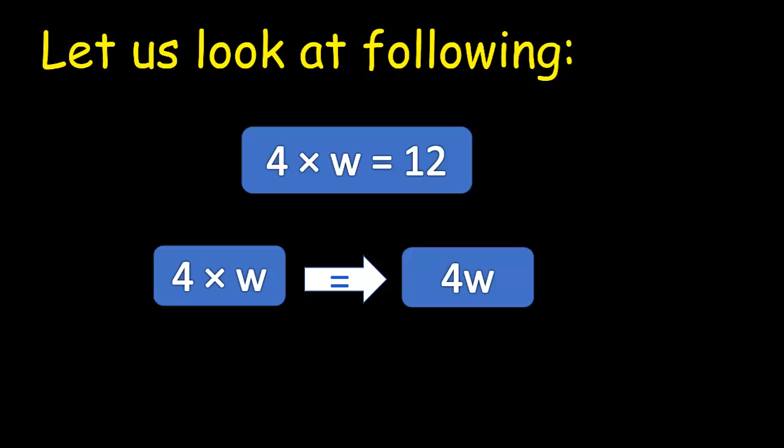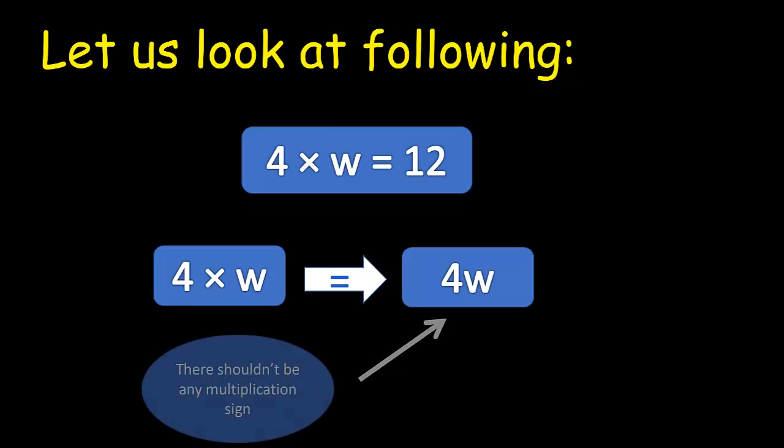Can you notice something different? Yes. On the right side, there is no multiplication sign. There wouldn't be any multiplication sign, as multiplication is the default symbol in math. So simply we are not supposed to write this times multiplication sign whenever you are writing an equation.